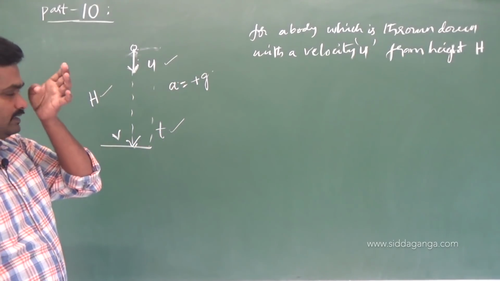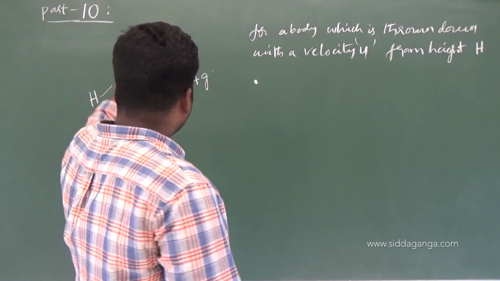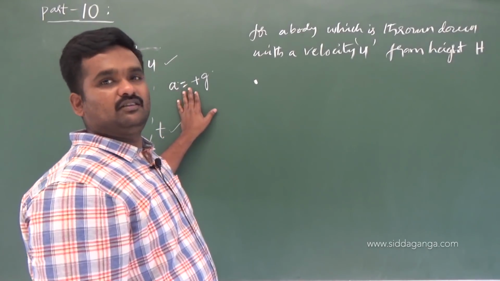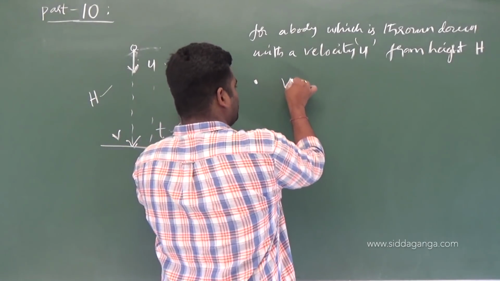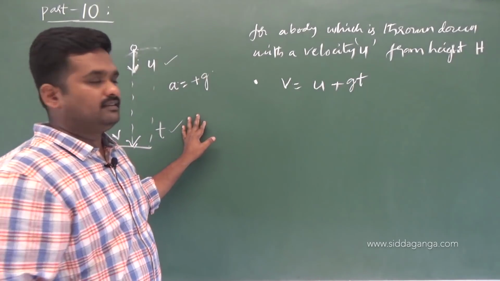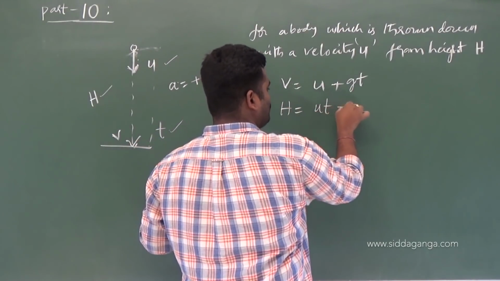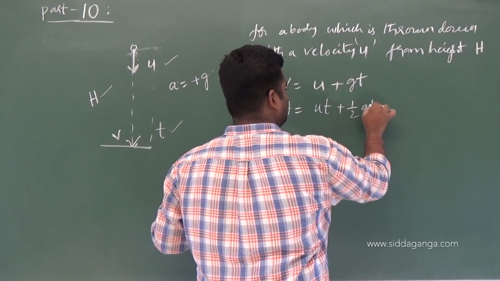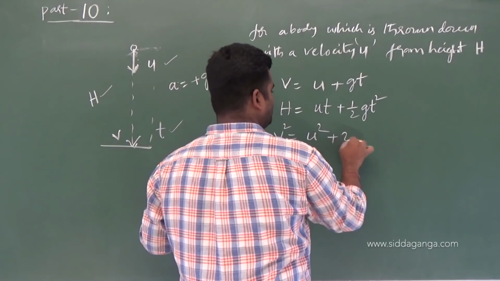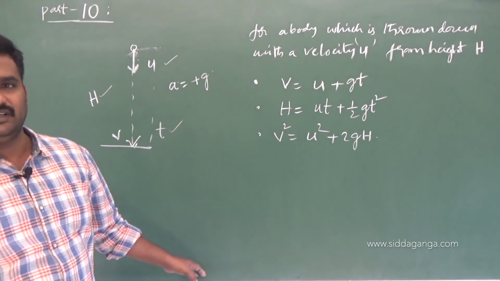The same equations which we have studied, v equals u plus at. In place of a we rewrite the value of g, that's all. v equals u plus gt. Similarly, h equals ut plus half gt square, and then v square equals u square plus 2gh, and S nth equals u plus g into (n minus 1) by 2.